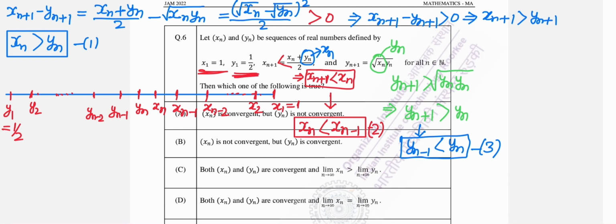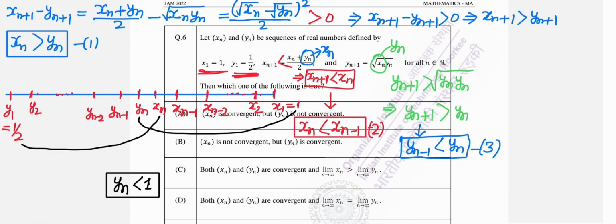So now we compare things. Compare y n with 1. If you compare, then you have y n is less than 1. Now compare this x n with half, then you have x n is greater than half.